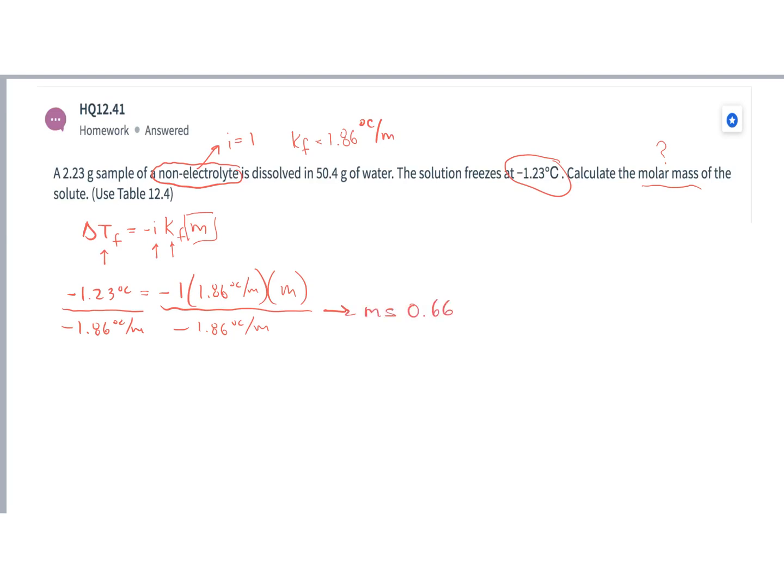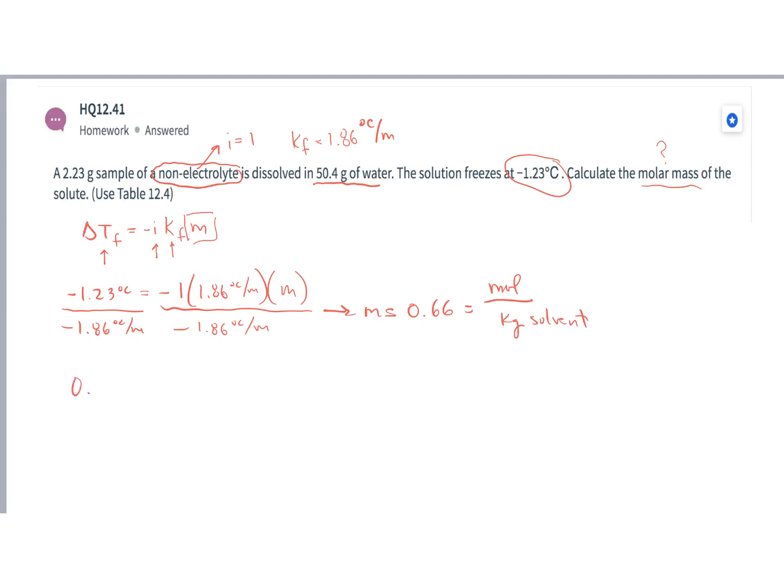And so now we need to think, what does molality mean? We know molality is moles per kilogram of solvent. And we know that we've got 50.4 grams of water as our solvent. So I know the molality, and I actually know the kilograms of solvent.